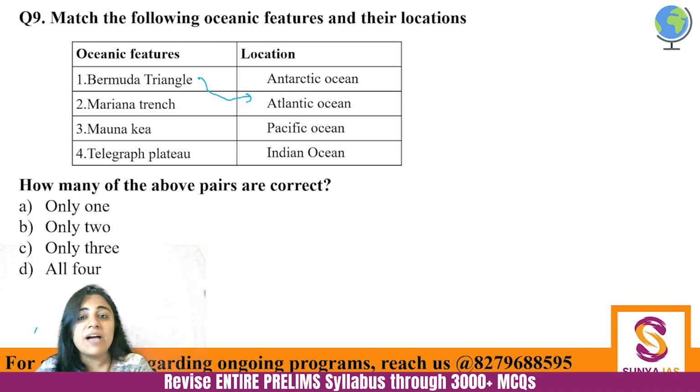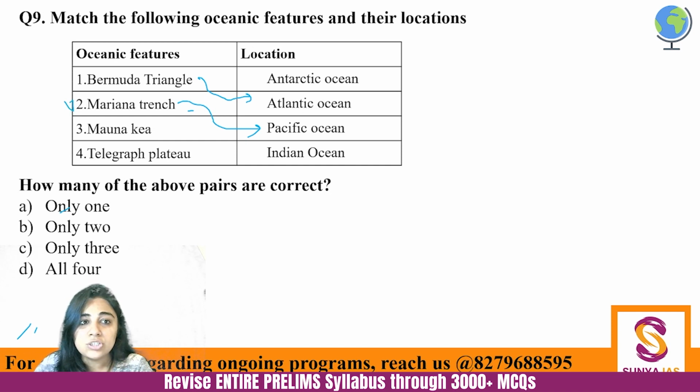Mariana Trench, we have read that earlier also. The deepest trench, and what is the deepest point in it? Challenger Deep, right? It is in the Pacific Ocean. Then Mauna Kea is correctly matched with the Pacific Ocean, because Mauna Kea is near Japan and the Western Pacific Ocean.